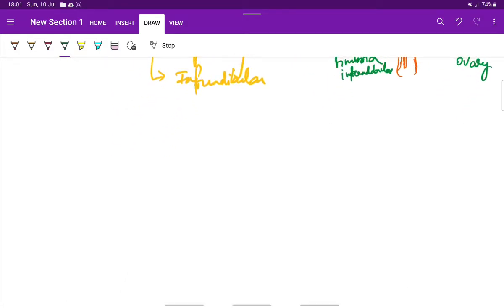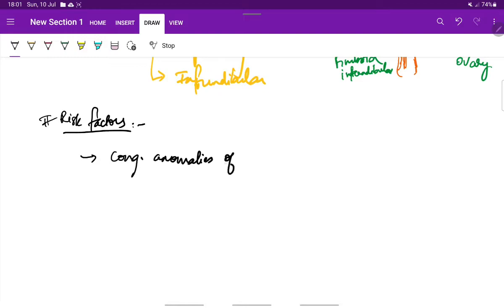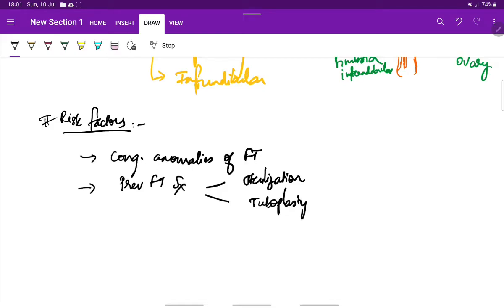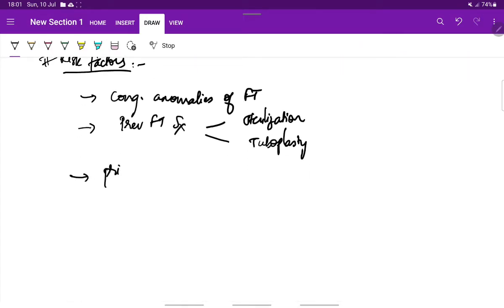Coming to the risk factors. The risk factors for tubal pregnancy include congenital anomalies of the fallopian tube, or previous fallopian tube surgeries like the surgeries done for sterilization or tuboplasty, or if there is prior pelvic inflammatory disease like subacute salpingitis, which favors tubal pregnancy.